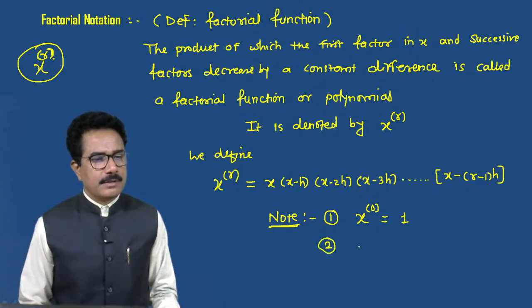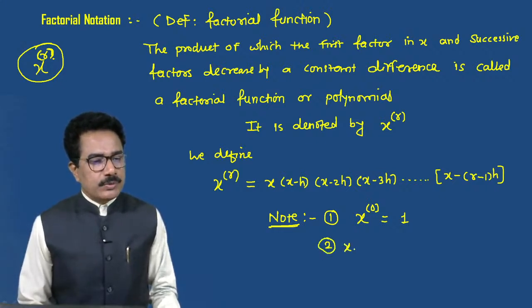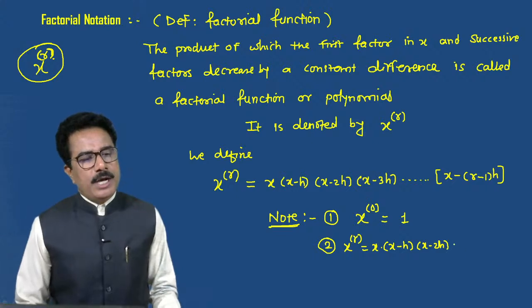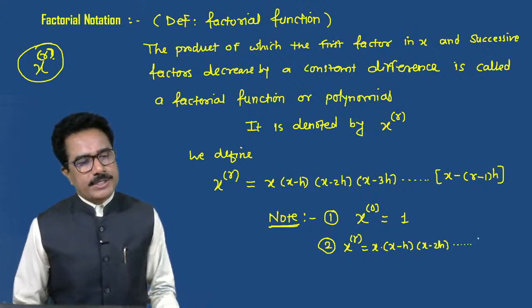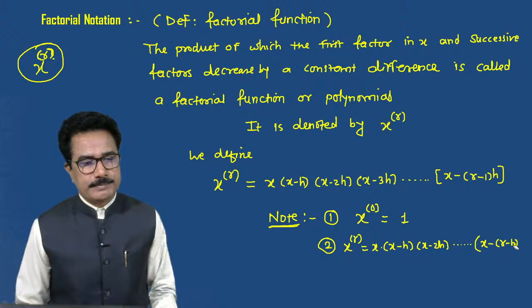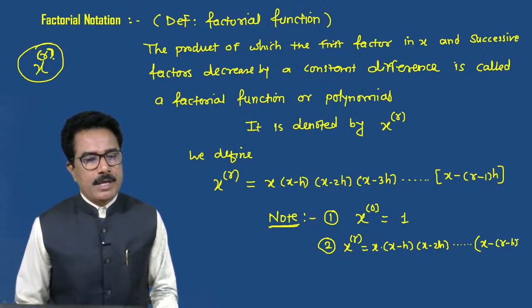Second, x to the power r factorial means x into x minus h, x minus 2h, up to x minus r minus 1 into h. Remember this formula, students.